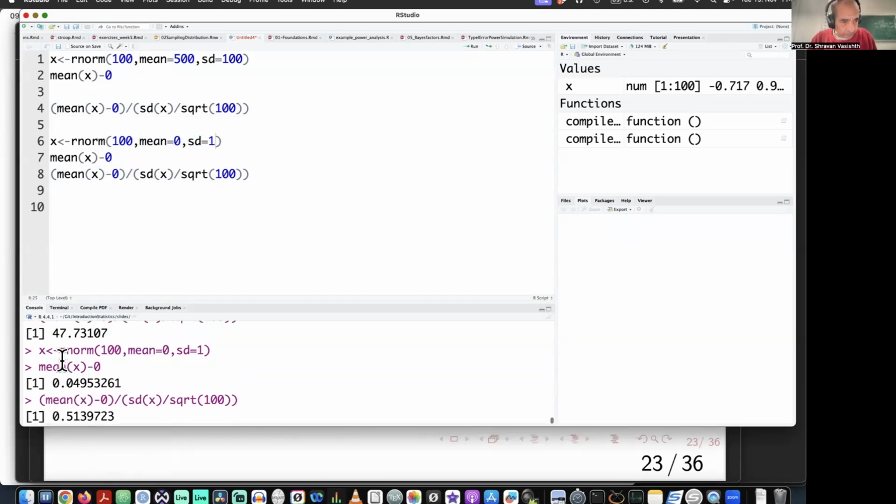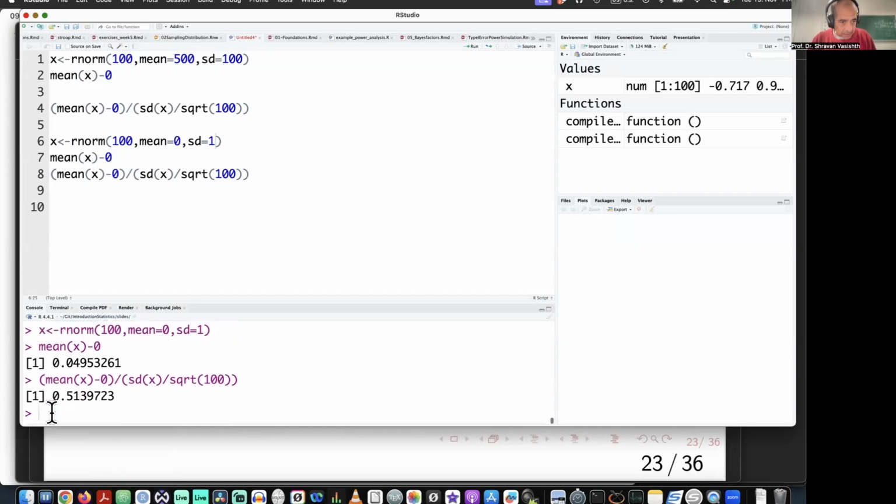So this distance, 47.7 and 0.51, they're now both on the same scale, because I have standardized the distance by dividing it by the standard error.